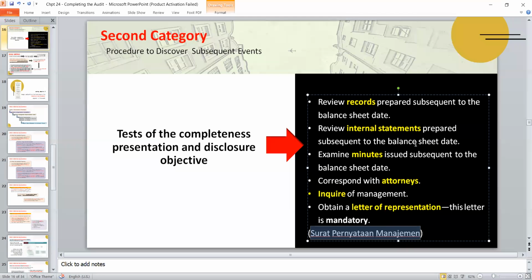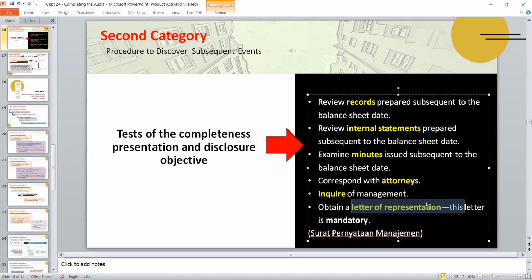The main objective of this letter of representation is kind of a guarantee for the auditor that this is the management responsibility. This is the statement from the management about the management responsibility.